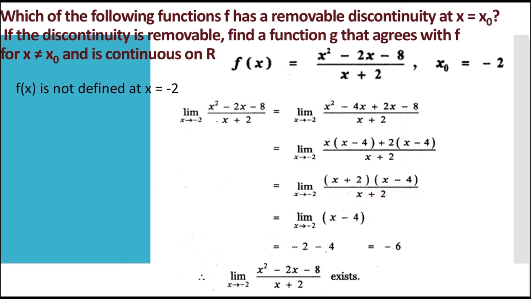We can simplify, cancel x plus 2 and x plus 2 and here we get limit x tends to minus 2, x minus 4. So, now I can substitute minus 2. I can apply the limit now. So, it is minus 2 minus 4 and that is minus 6. So, the limit value exists. The value of this limit is minus 6.